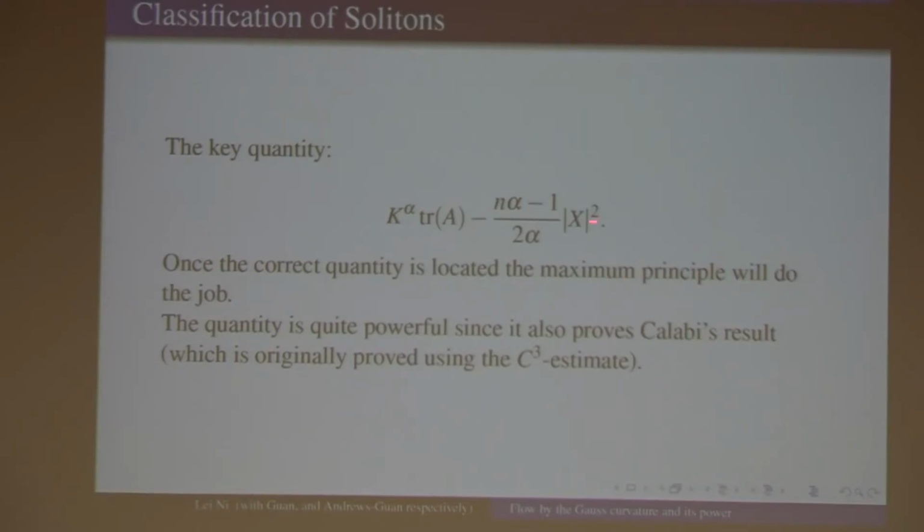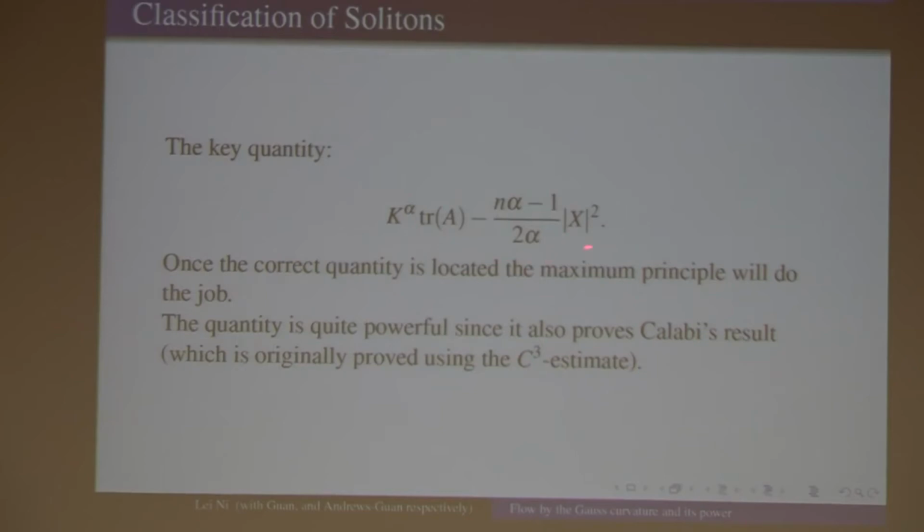So this quantity is kind of weird. It's a combination, and we compute each one of them. But to put together a combination like that is not by luck, so you have to have a good insight. I don't know where this expression comes from. So this is the Gauss curvature's alpha power. Of course, as I showed you, we have to compute sigma 1, that's the trace of A, and this is just the position vector squared.